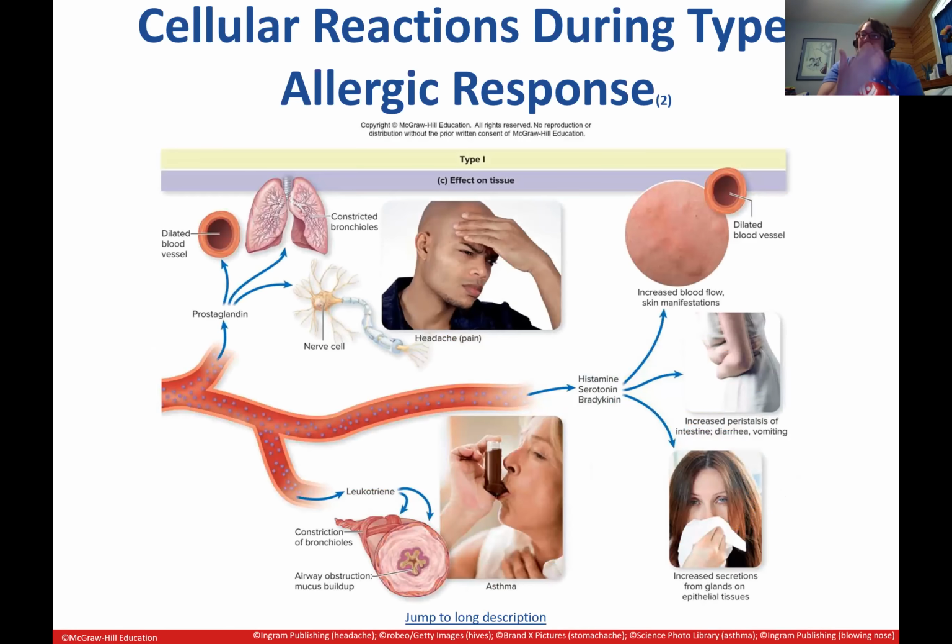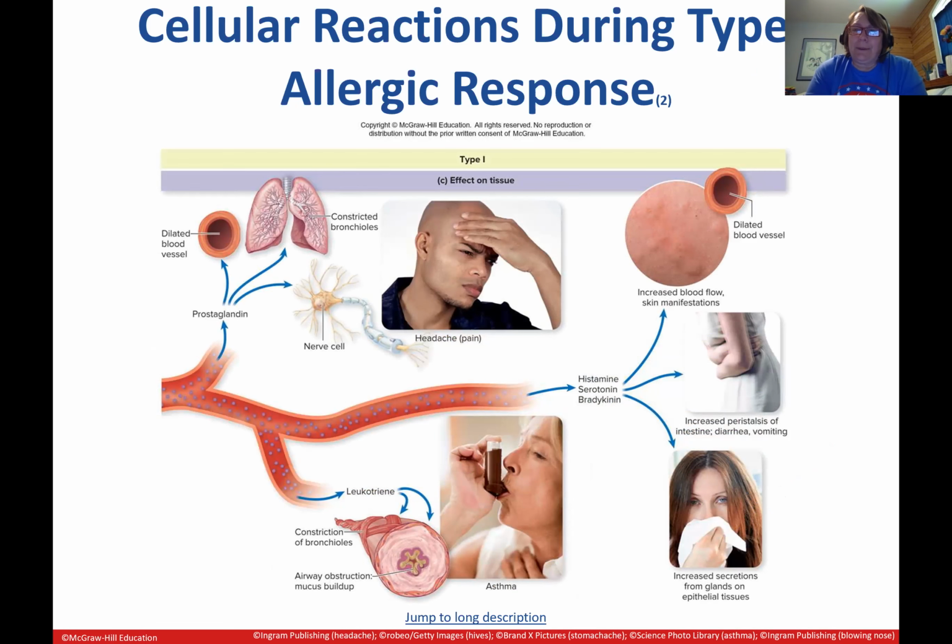And so these are the kinds of things that you would typically see in an allergic response. So most of those cytokines cause dilated blood vessels, and they constrict bronchioles. Okay, so you're going to have trouble breathing, and all of your tissues are going to be leaky, and so you're going to have fluid that's going to be leaking into places that it shouldn't. You're going to have that inflammation.